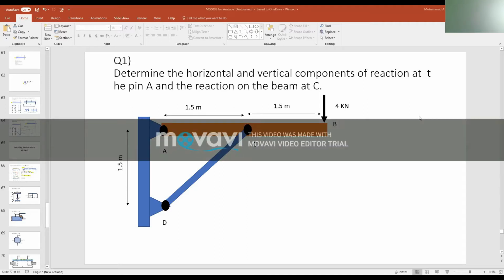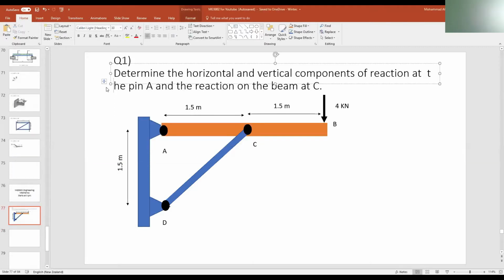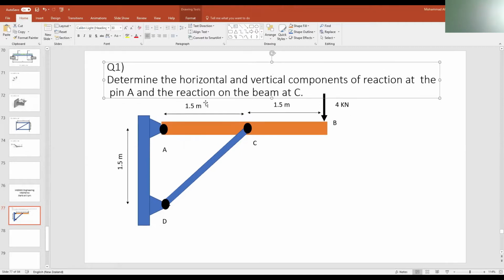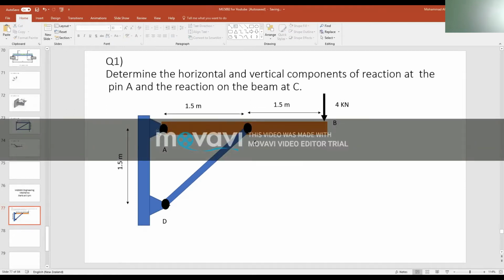All right, so question 1: determine the horizontal and vertical components of the reaction at the pin A and the reaction on the beam at C. So if we just adjust this one so it looks better. Very basic question. At point A, we have 2 support reactions.